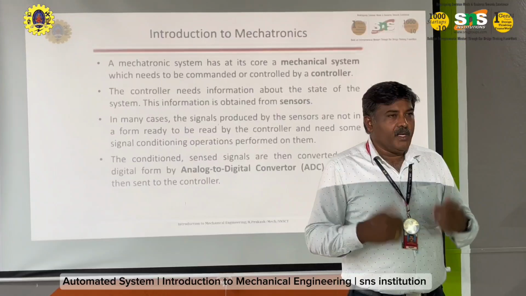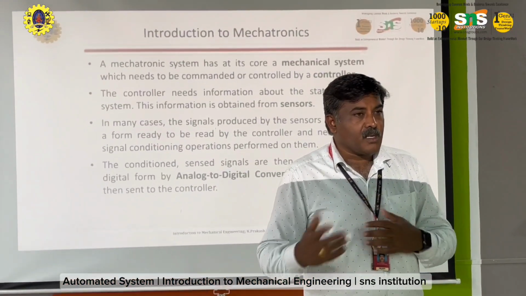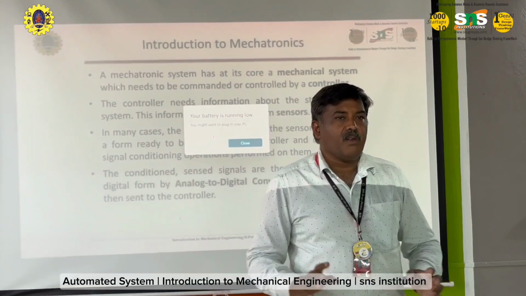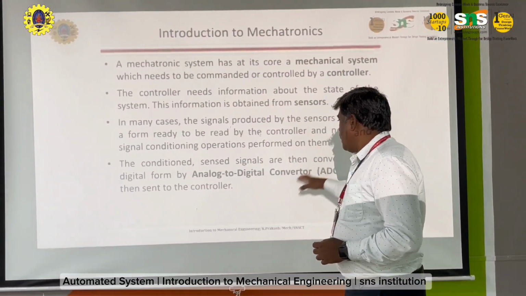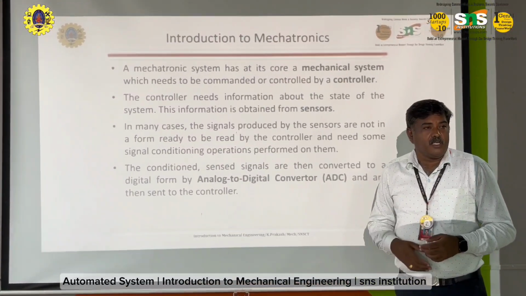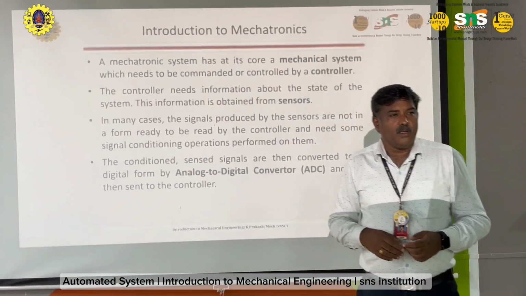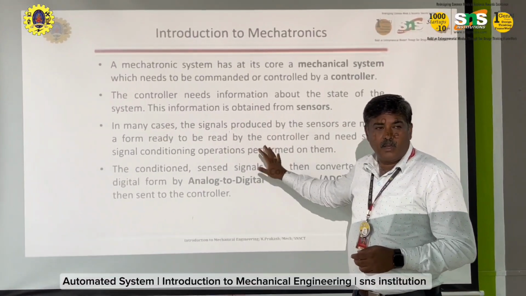So we feel it, and we immediately go and take water. This is a type of sensors and control units. Our body is an example of a mechatronic system. We also have signals controlled from analog to digital and digital to analog. These are the components of mechatronic systems.